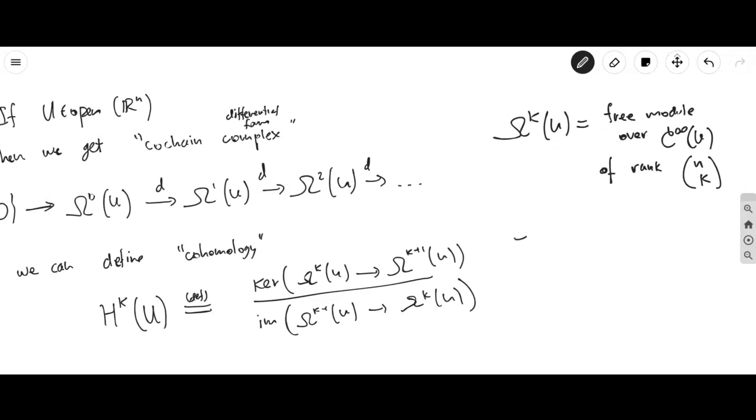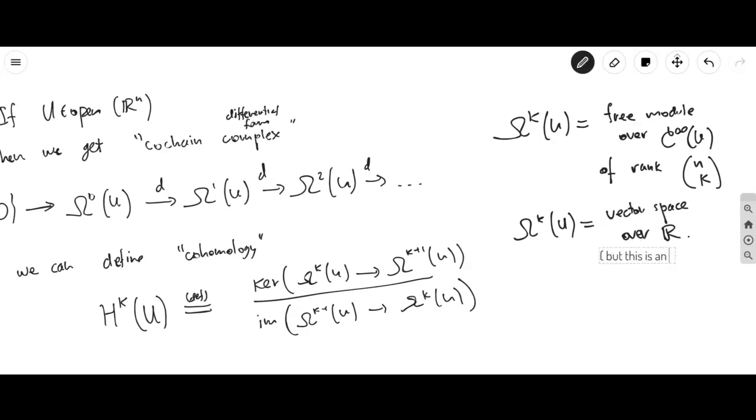But you can also say that this is a vector space over the real numbers, because the real numbers are a special case of a smooth function, right? Every real number gives you a constant function, and a constant function is a smooth function.